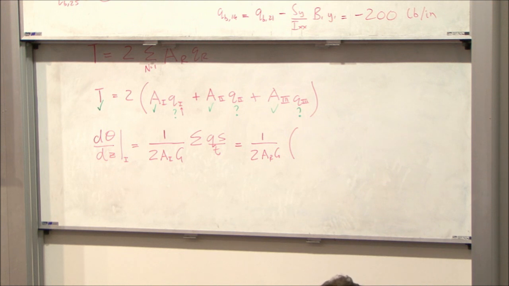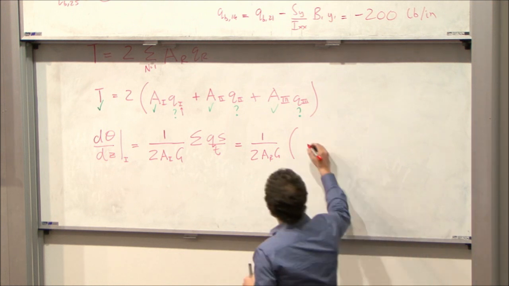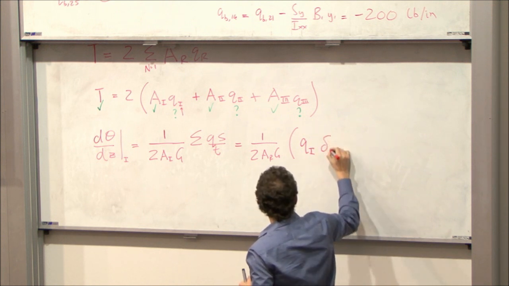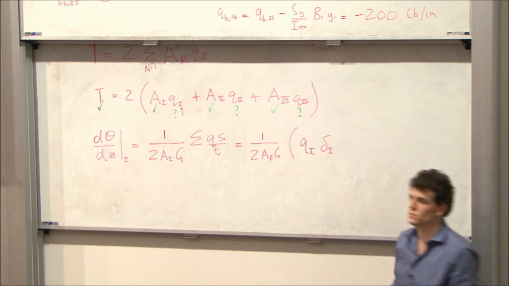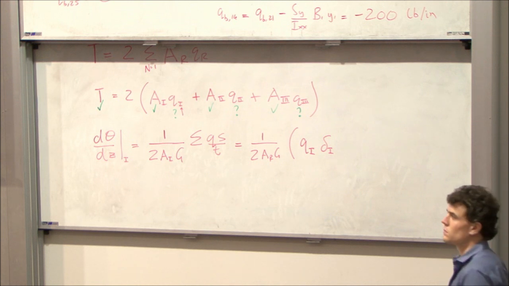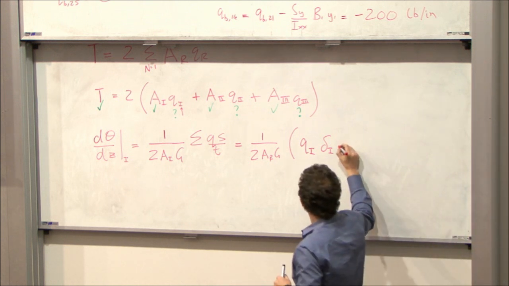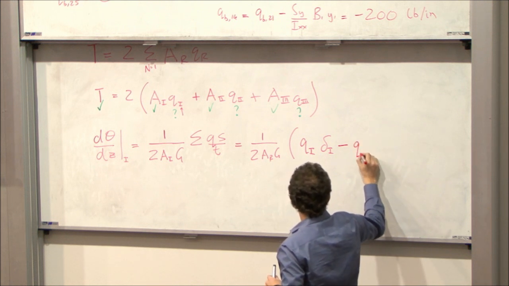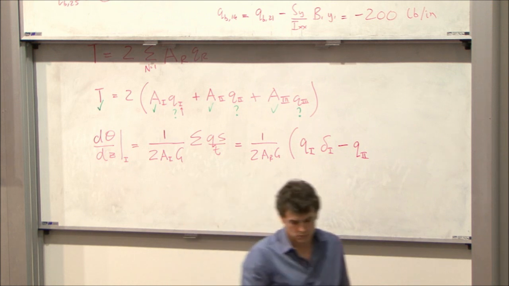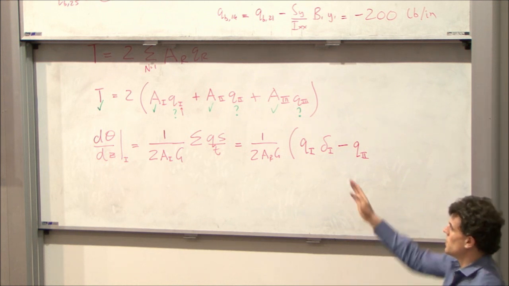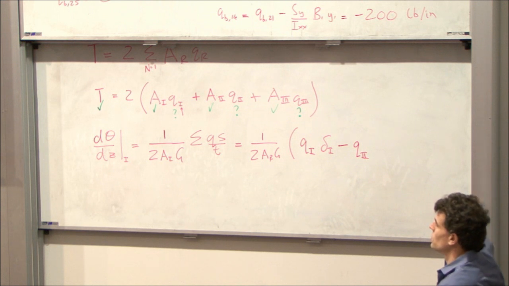So let's write out the next term, Q1 delta 1, minus Q2, where Q_R plus 1 is the cell to the right, so it's Q2.